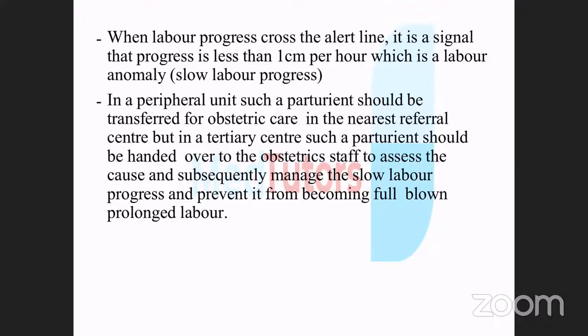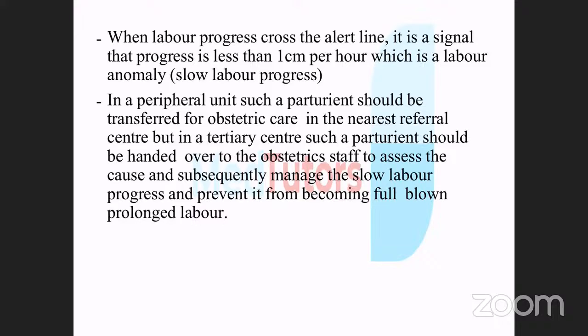And that is the mistake we keep making at our own tertiary institutions, the teaching hospitals and specialty hospitals. Doctors are unnecessarily taking over labor management for no reason. There should be a clear protocol as to what type of patient will need the doctor's review and what type of patient will not need the doctor's review.